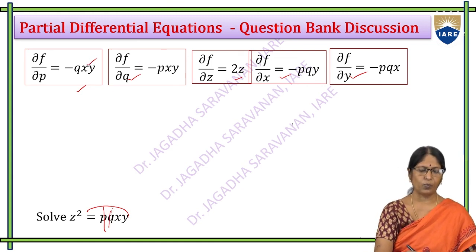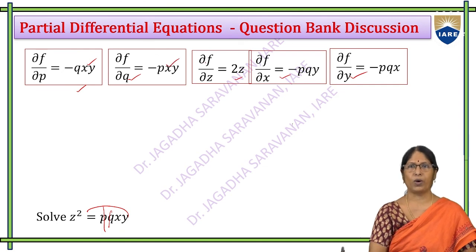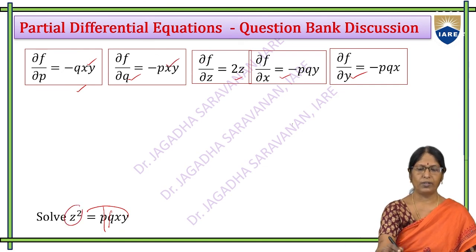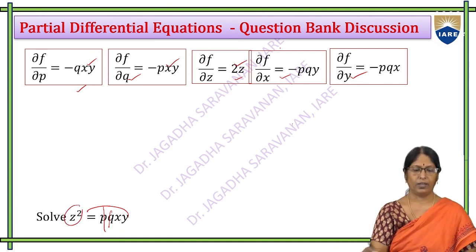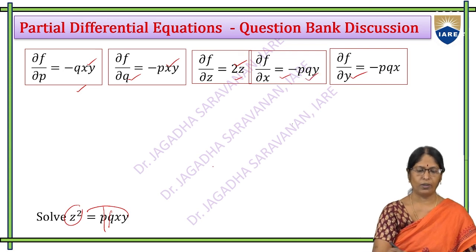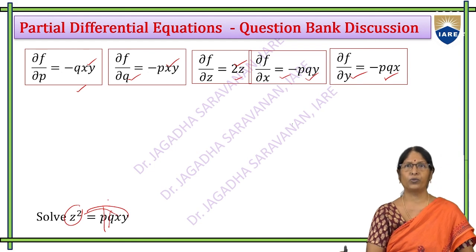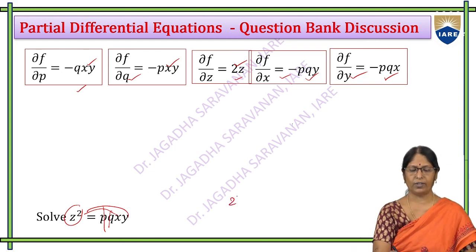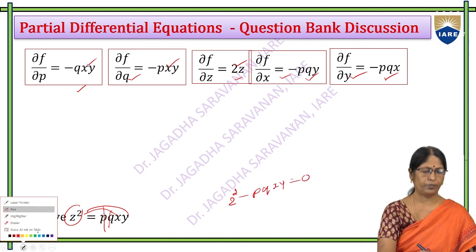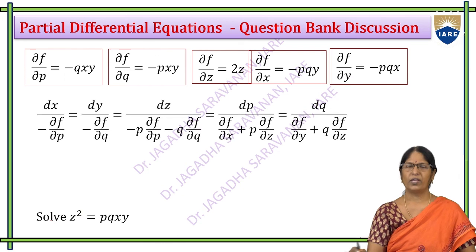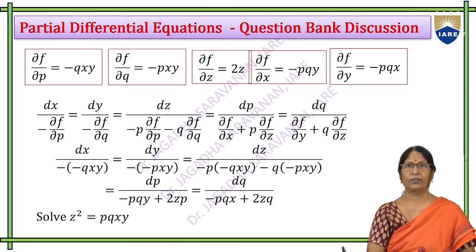Same for q, here 1 minus p x y, 2z, x is 1, so p q y, y is 1, p q x. The terms come to the left position, that is, we are writing z square minus p q x y, which is equal to 0. Everything we are going to substitute in the Charpit's auxiliary equation.